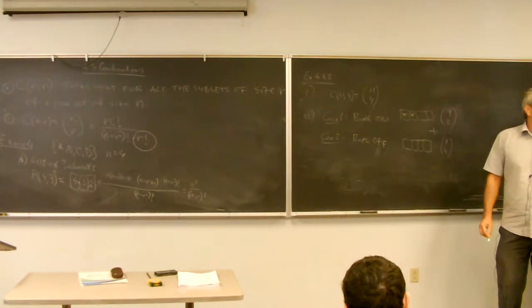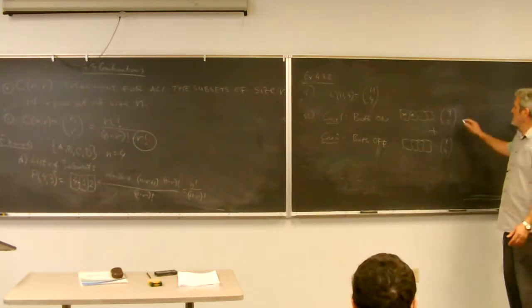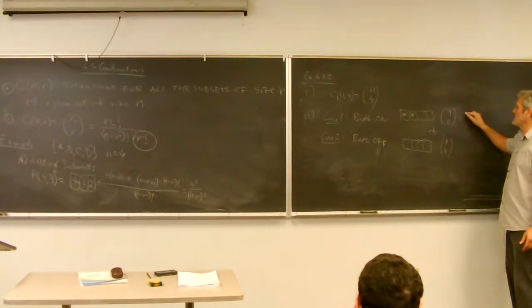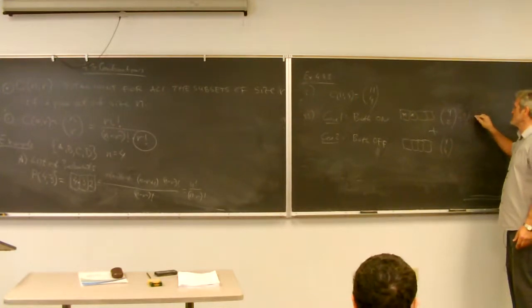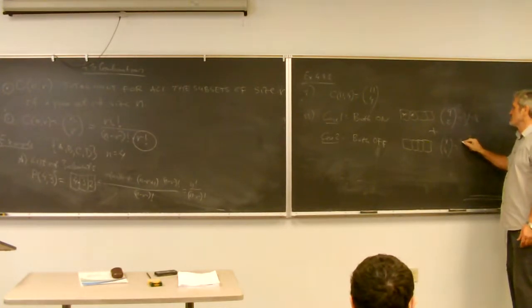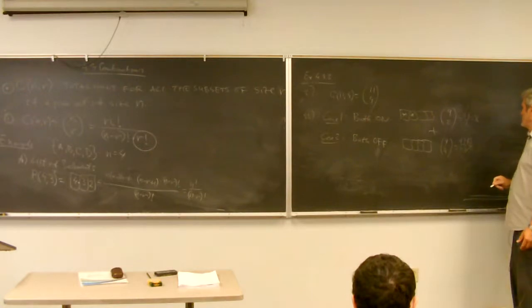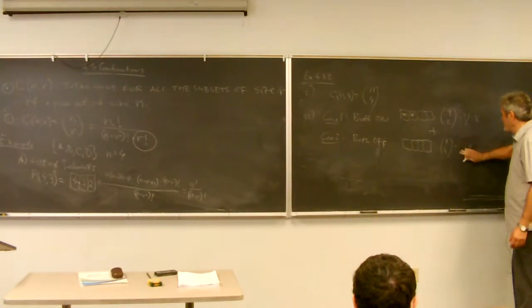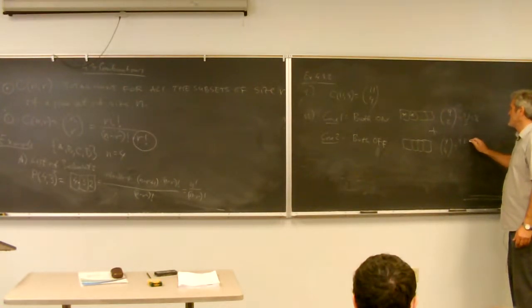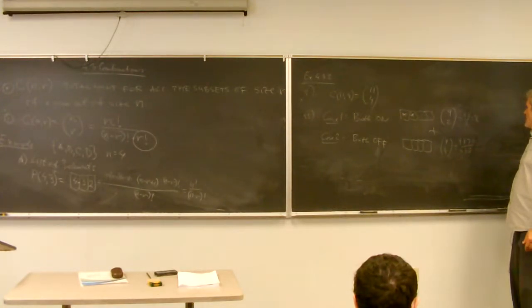And now we add them up. So 9 choose 2 is what? 9 times 8 over 2, which is 36. 9 choose 4 is 9 times 8 times 7 times 6 over 4 times 3 times 2.